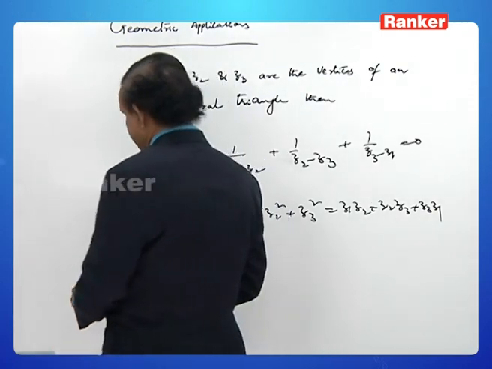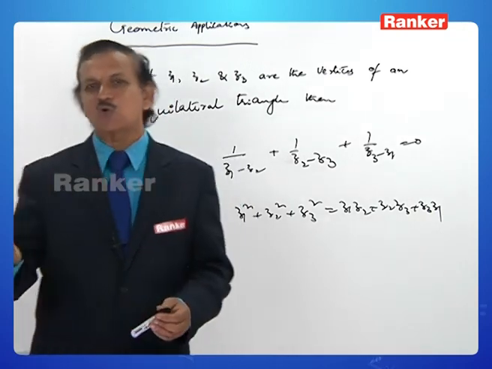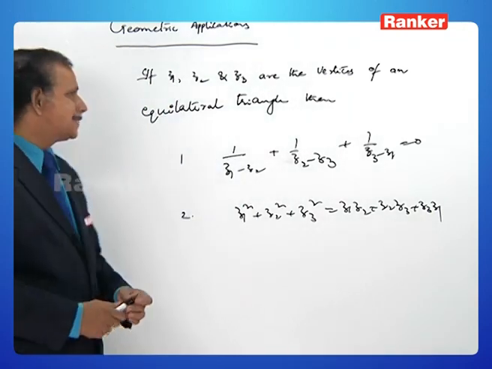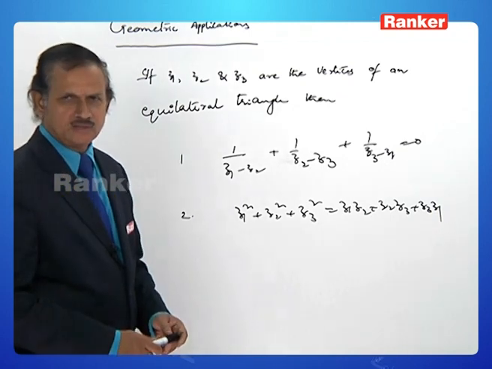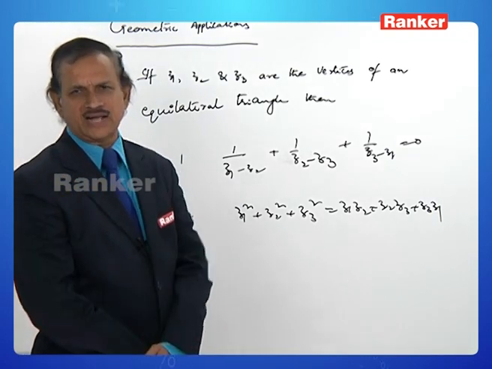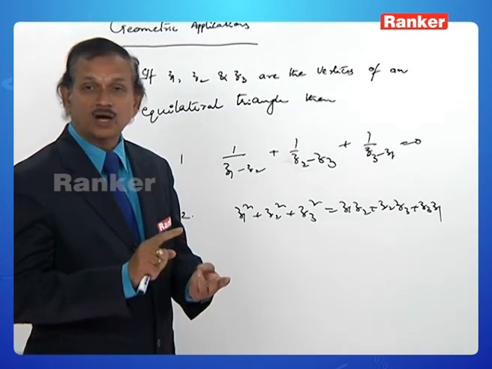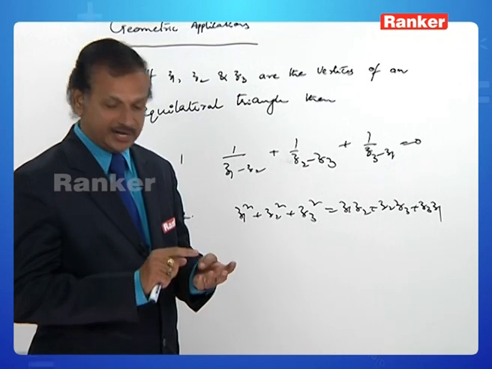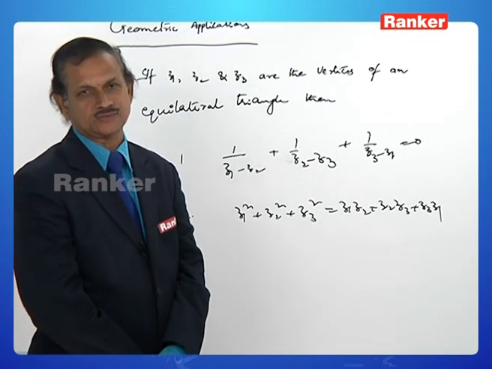Not only that, if z0 is the centroid or circumcenter, I think everybody knows that in the case of an equilateral triangle, centroid, circumcenter, orthocenter and incenter coincide at one point, that is the centroid of course.